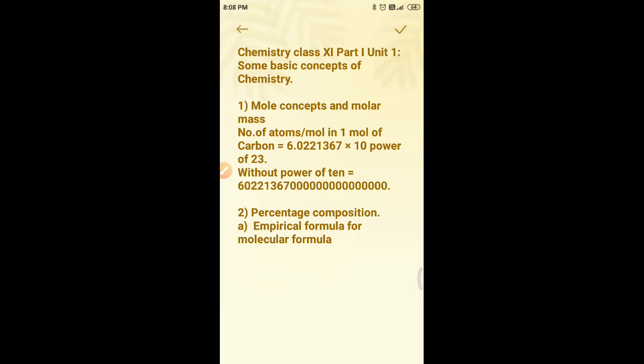Let us take one more example. What is the percentage of carbon, hydrogen and oxygen in ethanol? The molecular formula of ethanol is C2H5OH.